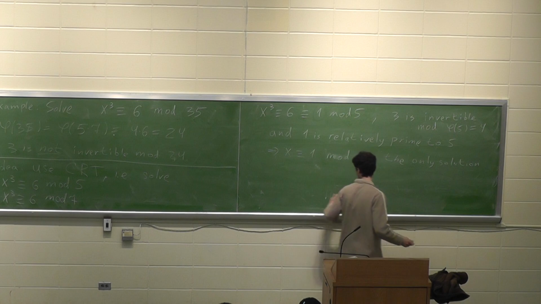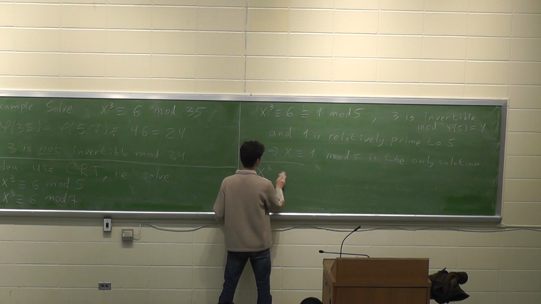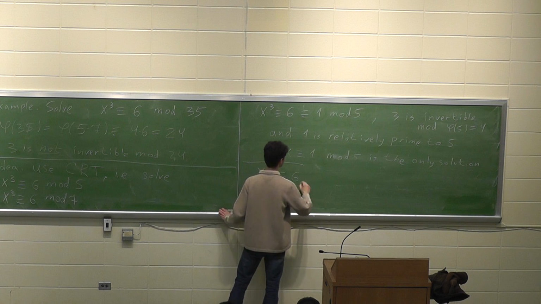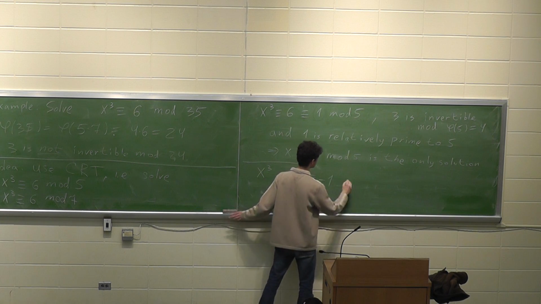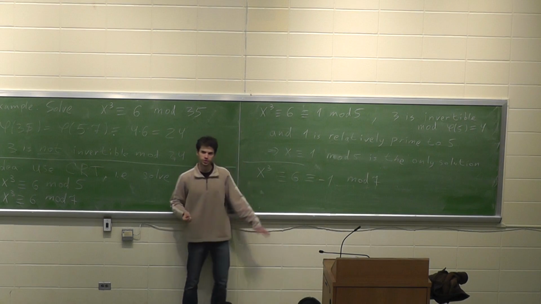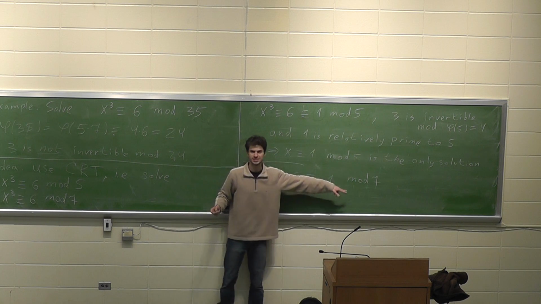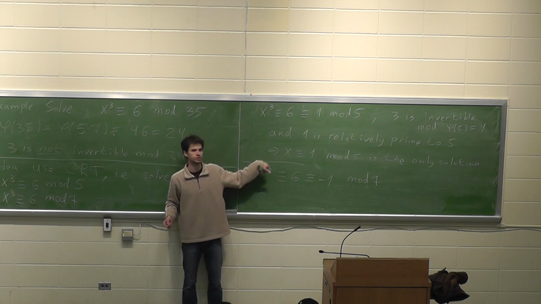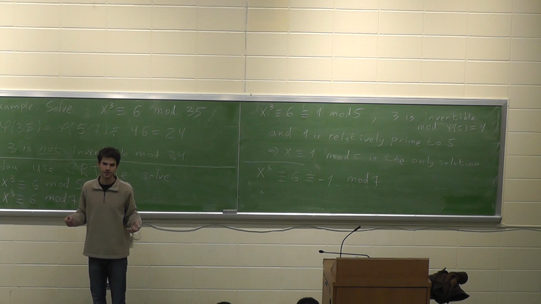For the other part of the problem, x cubed is congruent to 6, it's better to rewrite it as -1 modulo 7. Well, here we cannot apply the same reasoning. φ(7) is 6, which is not relatively prime to this exponent 3. But we can apply the other reasoning.